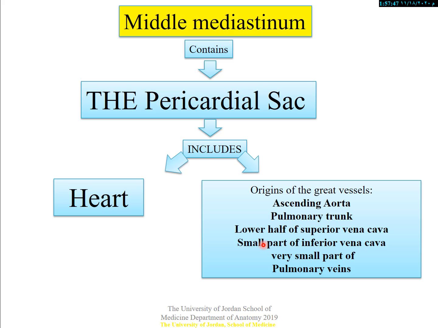Also we do have here some sinuses, reflections of the pericardium, but we will focus on the pericardium and on the ascending aorta and the pulmonary trunk. So those are our objectives for this lecture.